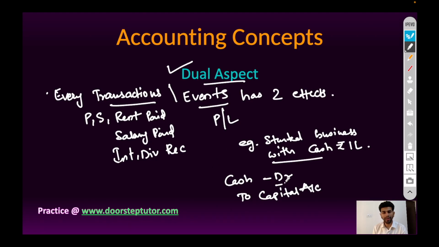So there are two aspects, 1 lakh rupees on the debit side and 1 lakh rupees on the credit side. So there are two effects involved. Cash is received into the business, and second is liability created. While we record capital account on the credit side, it means liability has been created for rupees 1 lakh.